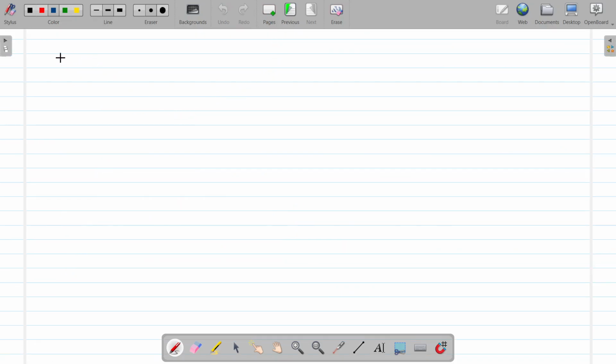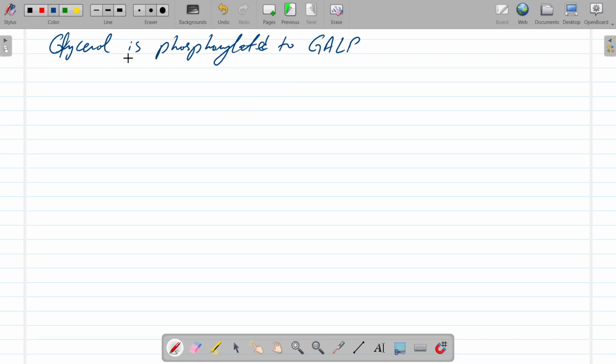When you talk about lipids, it's not just fatty acids, it's also glycerol. And glycerol is also used. So what happens is glycerol is phosphorylated and converted into something called GALP. Now that's what's given in the book.